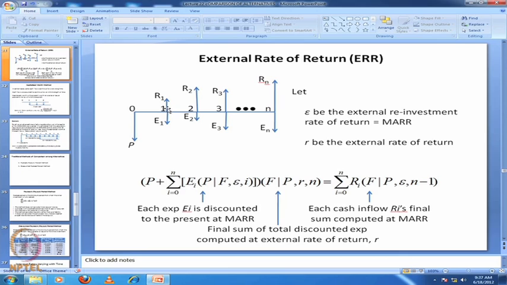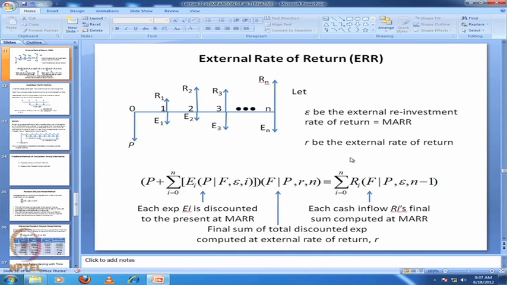So, each one, the final sum is found out at this point, and all expenses plus the initial investment calculated here, the final sum is found out at this point, and they are made equal. In this case, since epsilon, the value of MARR, is known, we can find out the value of F given P, r, n, and therefore r can be determined.